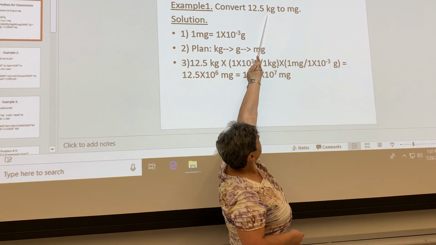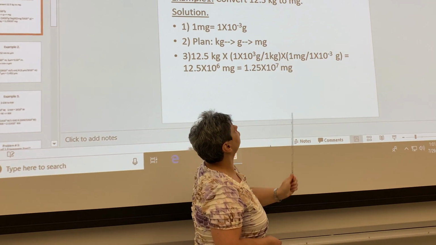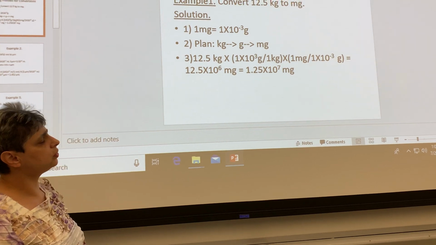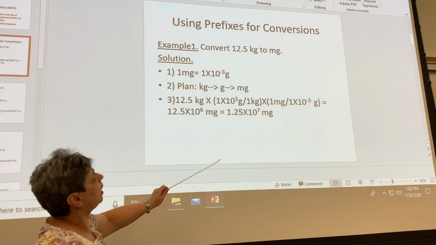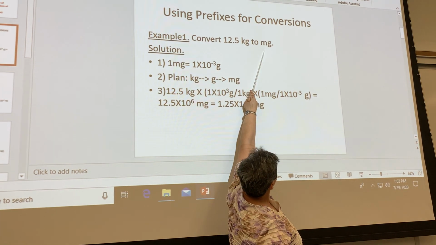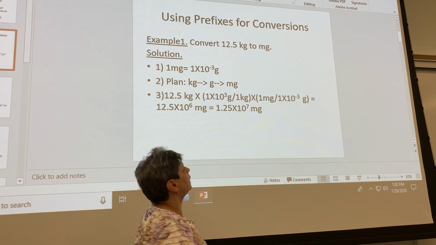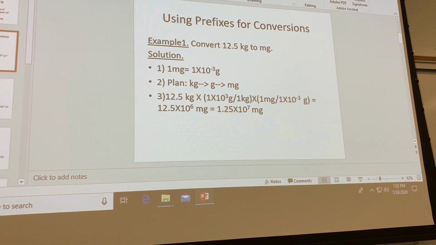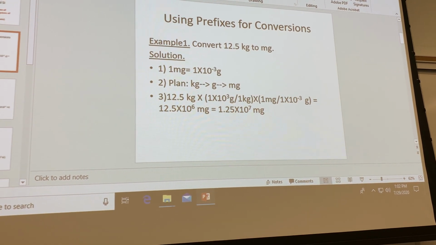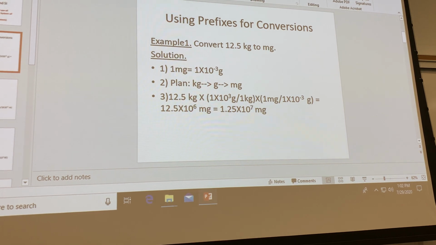Kilo, which is designated by K, stands for 10 to the third of a unit, so it's a multiple of a unit, while milli, M here, means 1,000th of a unit, or 1 times 10 to the negative third of a unit. And so it's a fraction of a unit.